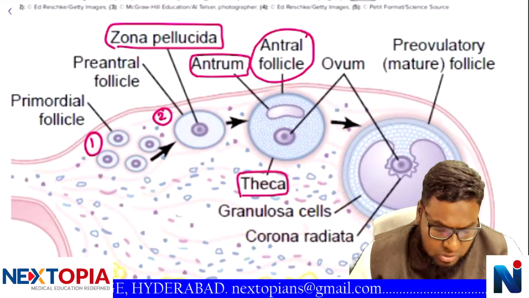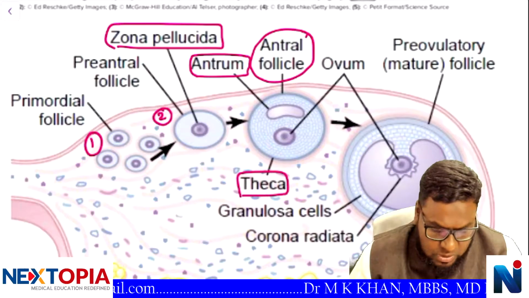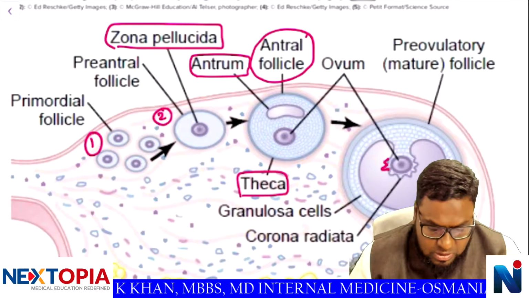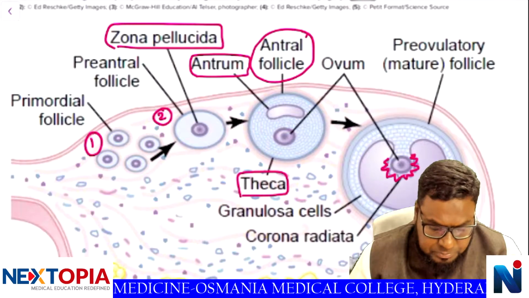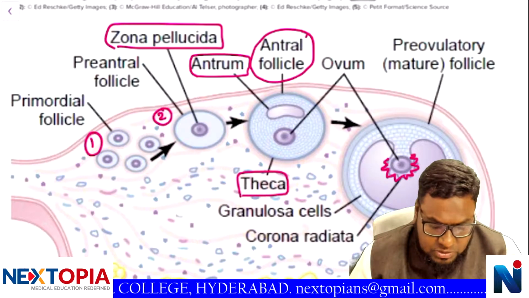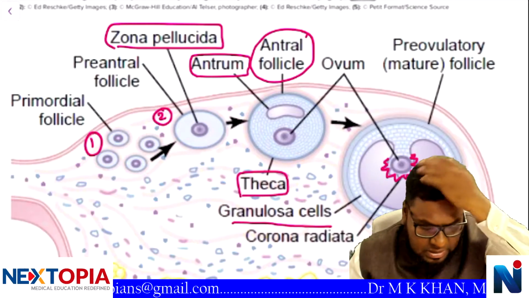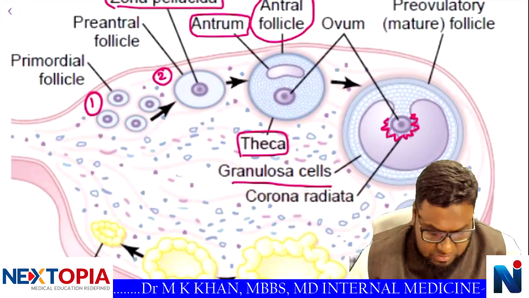The ovum, which is growing into the cavity, we call cumulus oophorus, and it has a crown-like structure called corona radiata. The primary oocyte develops in this structure, surrounded by the granulosa cells. This structure we call a pre-ovulatory follicle, mature follicle, or Graafian follicle.